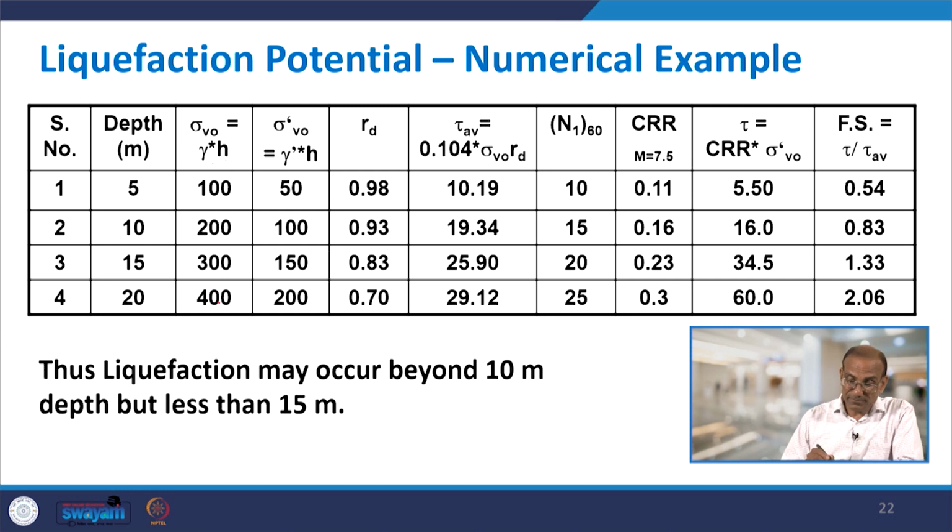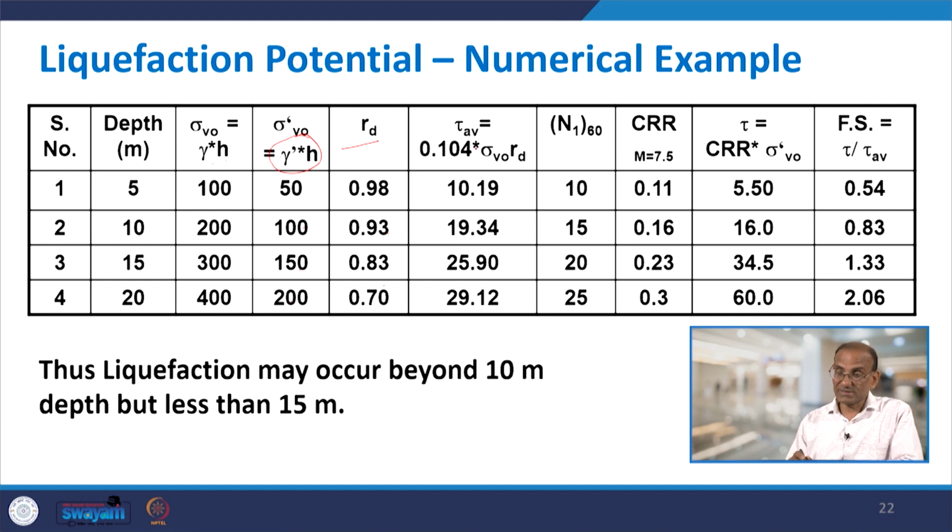However, effective overburden pressure will be calculated using gamma submerged into H, where H is the depth. So, you have half, because gamma submerged is half for this given problem: 50, 100, 150, 200. The reduction factor rd in this case is calculated from the equations which we have discussed, based on the depth Z: 0.98, 0.93, 0.83.